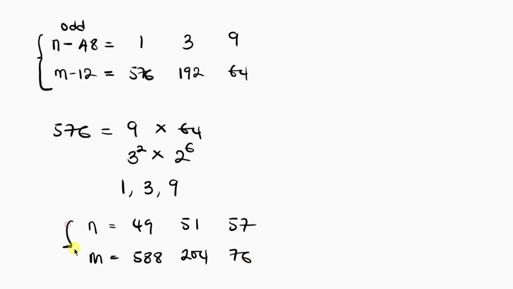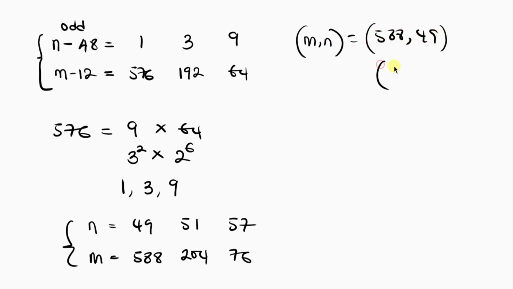So these are the values for m and n. So we have three possible pairs of m and n, and the pairs are: 588 and 49, 204 and 51, and lastly 76 and 57.